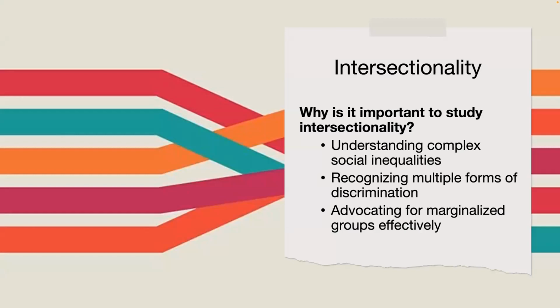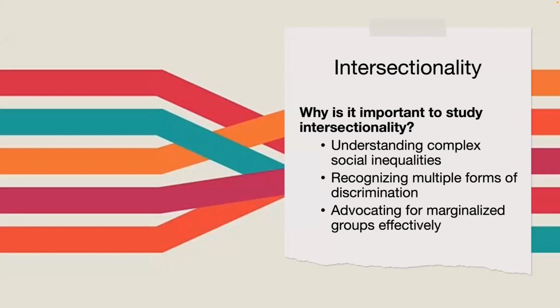You might be wondering, why is it important to study intersectionality? Well, here are some key reasons. First, as my previous 2 examples show, intersectionality recognizes that different forms of discrimination overlap and affect people's experiences in complex ways.